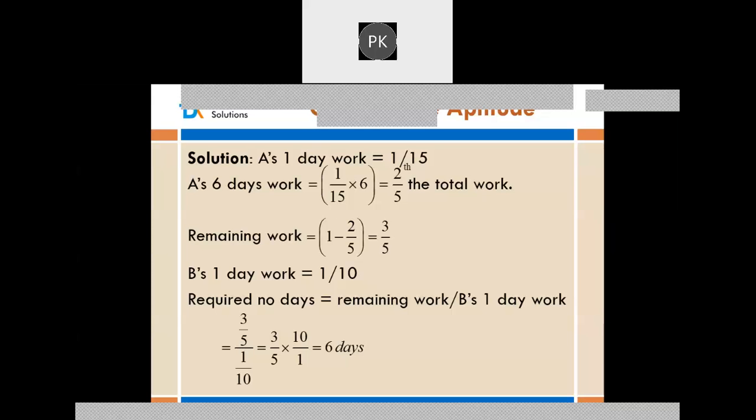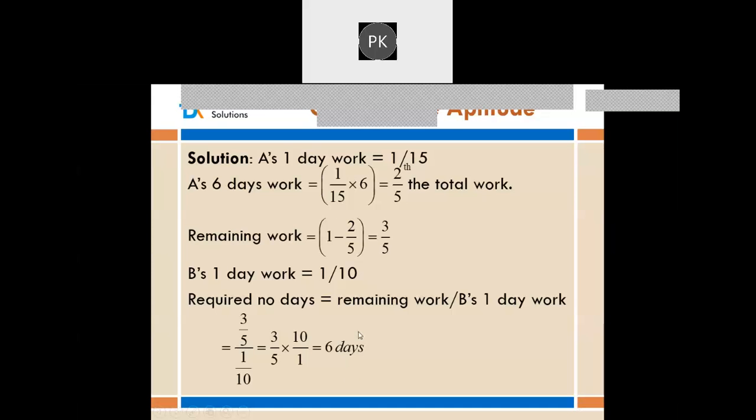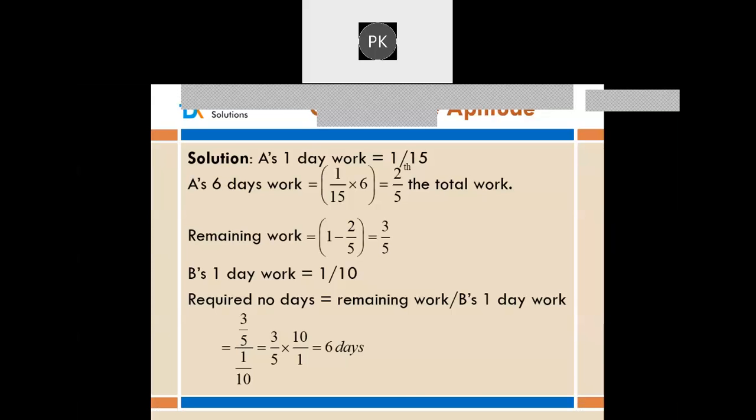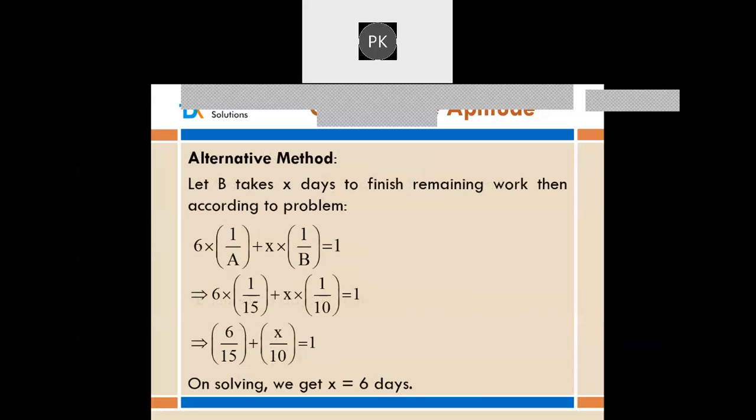Okay. Let's go to the alternate methods. First alternative method: let us assume that B takes X days to finish the remaining work. Then according to the problem, 6-day work of A plus X day work of B equals 1, where 1 is the total work.